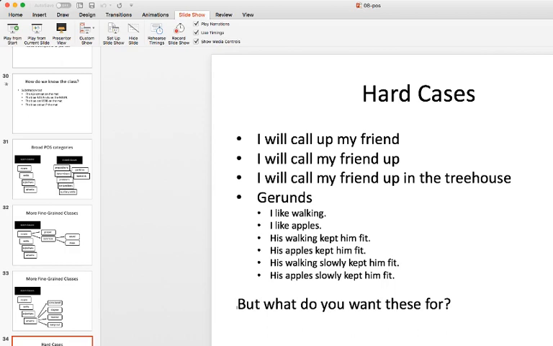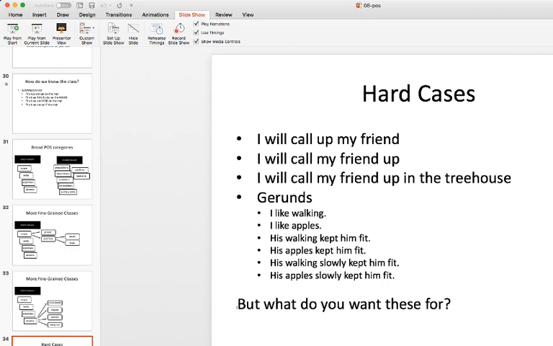There are also gerunds. So you can say, I like walking. And you can say, I like apples. Right? Any objections? So what about, his walking kept him fit. His apples kept him fit. Fine with those? His walking slowly kept him fit.